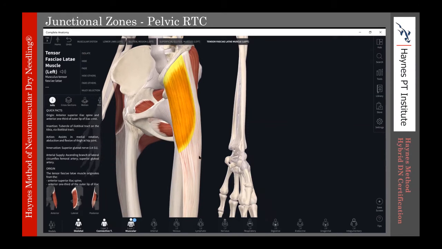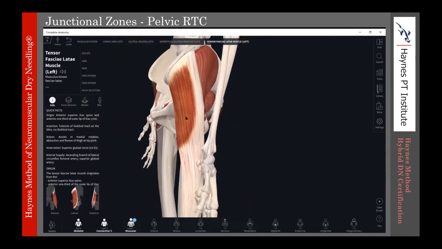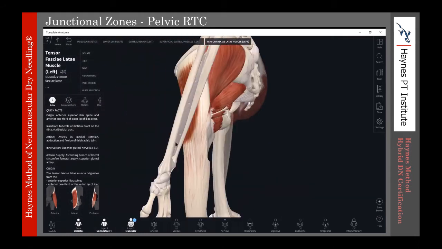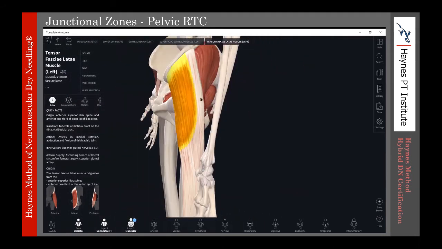And its action, it assists in medial rotation, abduction, and flexion of the thigh at the hip joint. Whenever we palpate for this, we'll talk about it in the palpation lab, the IT band or IT tract is very prominent on the lateral aspect, and we frequently use that as a landmark coming off the greater trochanter up to the iliac crest.